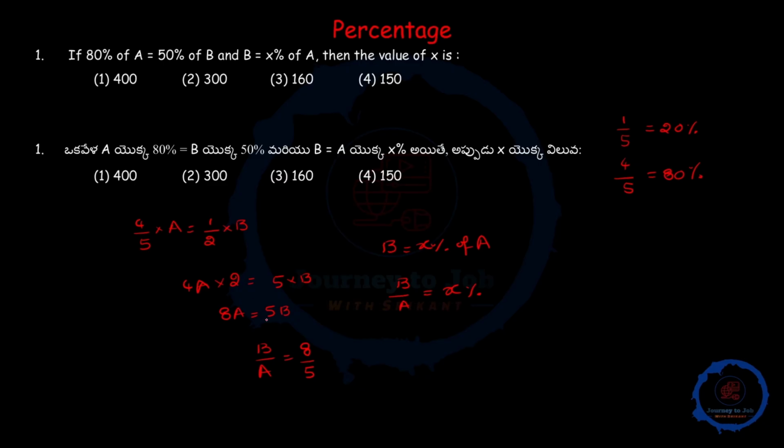Cross multiply, a will come here and 5 will go to the denominator here. So b by a is equal to 8 by 5. If we convert 8 by 5 into a percentage, 1 by 5 means we know 20%, and 8 by 5 means multiplied by 8, so 160%. This is the answer.